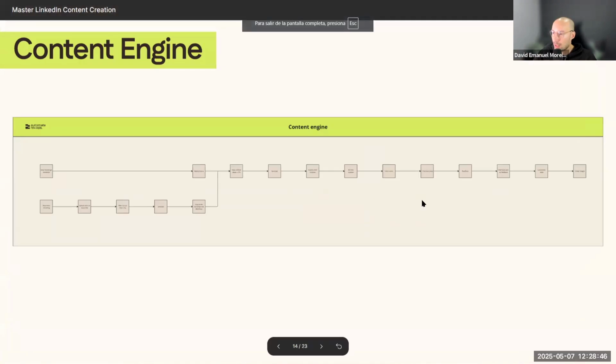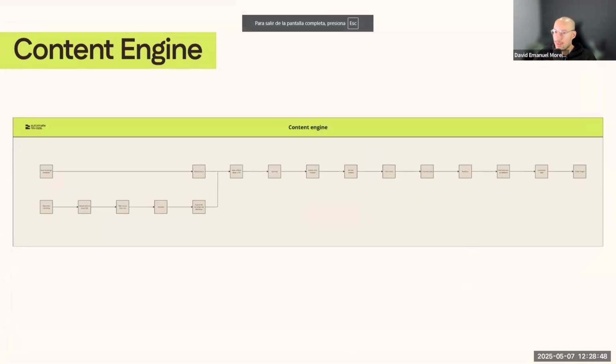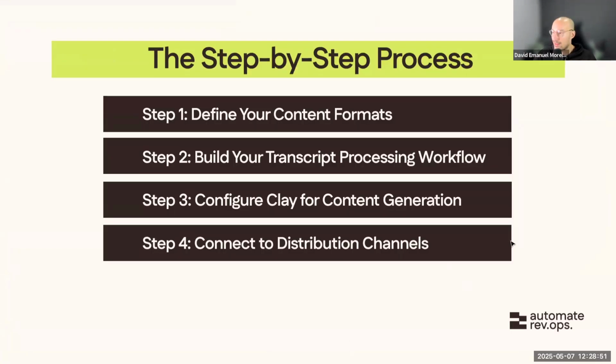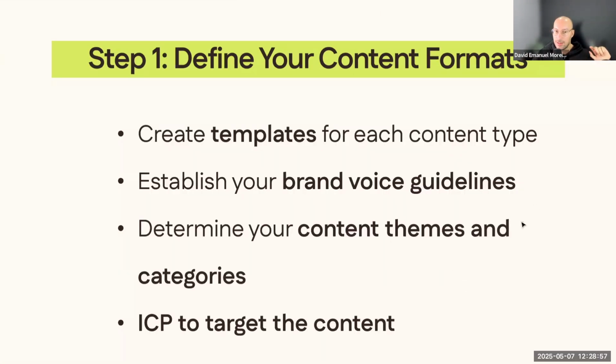And if we go back in here, you'll notice the steps that you need to implement. I already mentioned them, but the first is to define your content format. That means that if you need to create some content and you want to follow a template, you can create your own templates. We have been using a scraper to scrape other LinkedIn creators and get templates of title hooks.